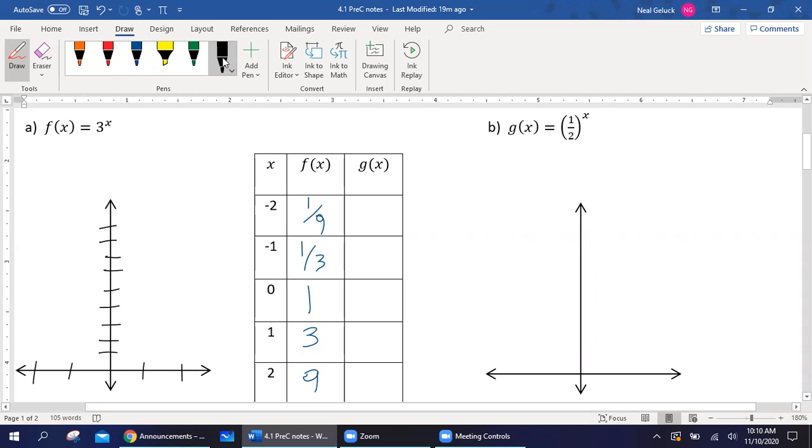I can see that I start off with very low numbers. When x is -2, the y is 1/9. Then it moves up a little bit to 1/3. Then it hits 0, 1, 1, 3, 2, all the way up to 9. And I can see that it's going to grow very fast to the right of the y-axis.